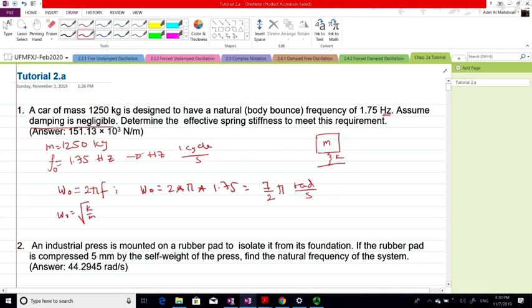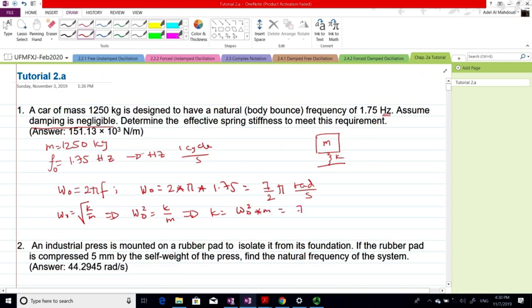But we know omega naught, therefore if we square both sides, omega naught squared equals k over m. Therefore k will be nothing but omega naught squared multiplied by the mass.